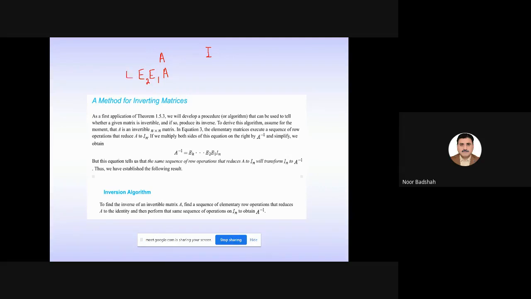Then we go for another one, which means multiplying by elementary matrix, and so on. Let's suppose there are k elementary operations applied on A to get identity matrix.